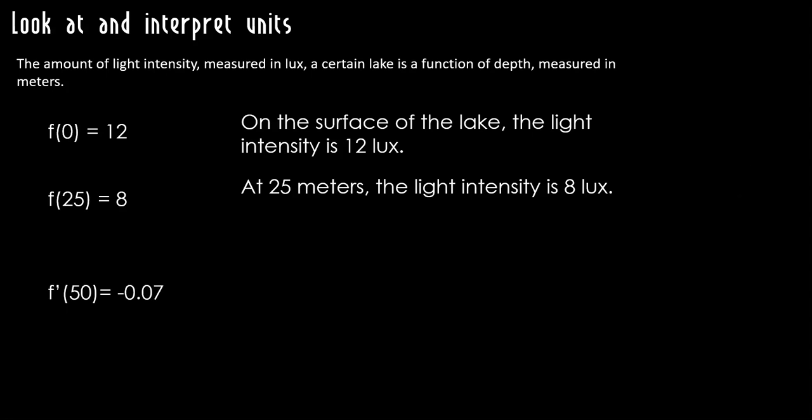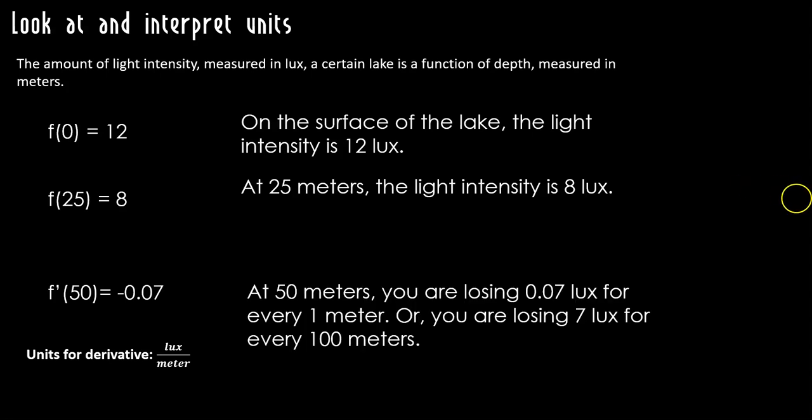If f prime of 50 is about negative 0.07, it's negative because the light intensity is going down. Looking at my units for the derivative, lux per meter, that means I've got negative 0.07 lux per meter, which means at 50 meters you are losing 0.07 lux for every 1 meter. Or you're losing 7 lux for every 100 meters.